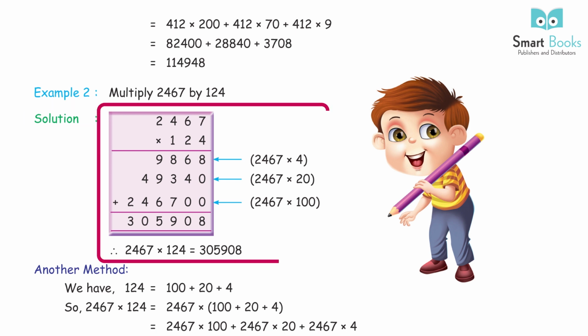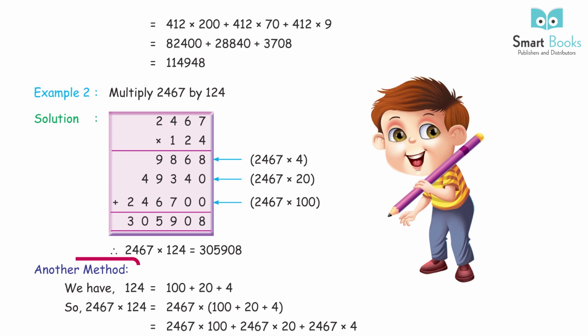Example 2. Multiply 2,467 by 124. Solution: 2,467 into 124 is equal to 3,05,908. Another method: we have 124 is equal to 100 plus 20 plus 4.